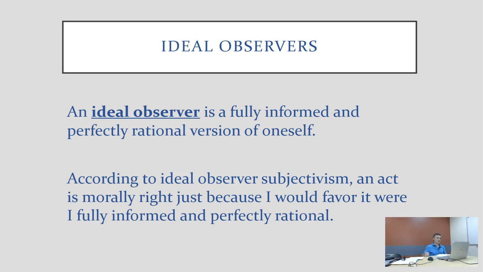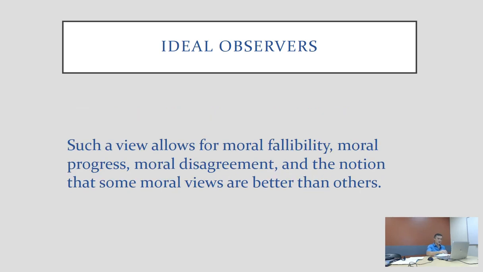If I favor an act, then it's morally right. And if I disapprove of an act, then it's morally wrong. That's only if I'm fully informed and perfectly rational. So that's the condition that's set up for the ideal observer. There are some real improvements then to relativism if the ideal observer idea is right, if that strategy works.